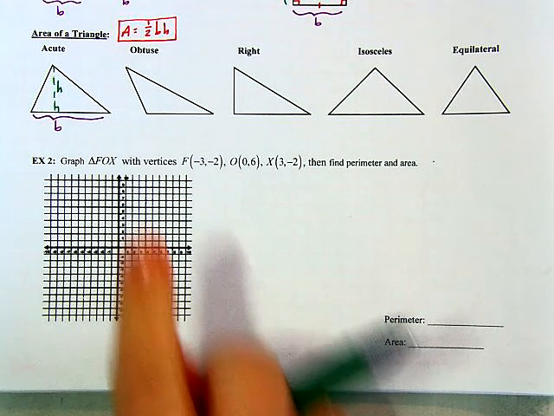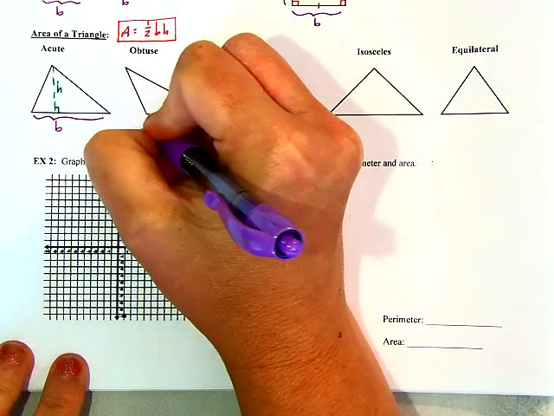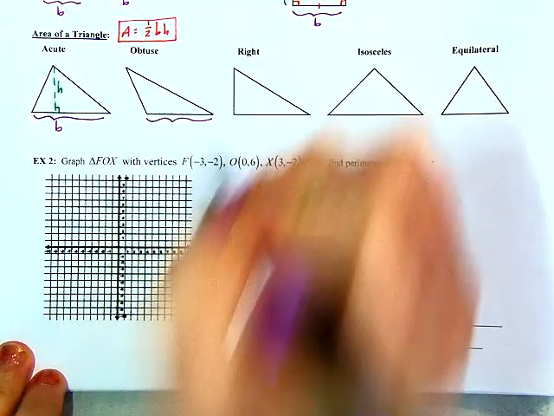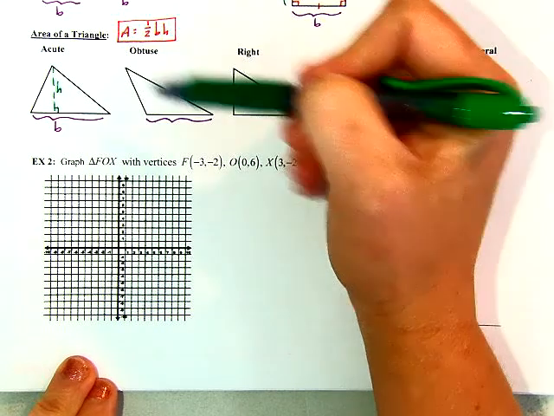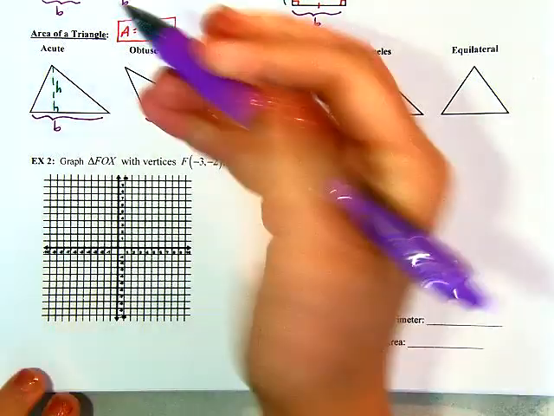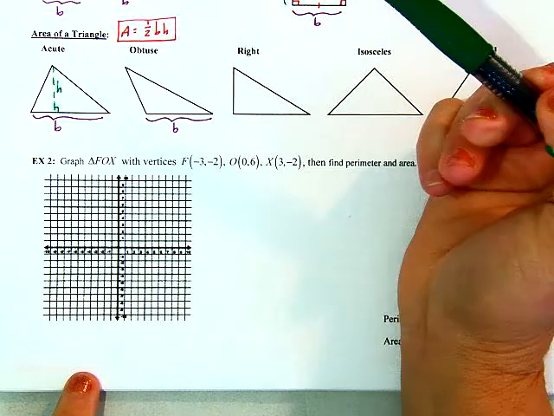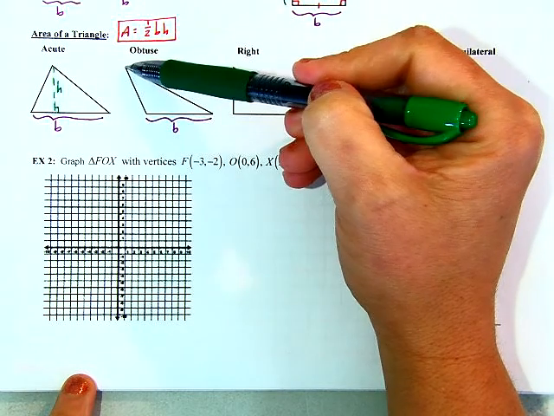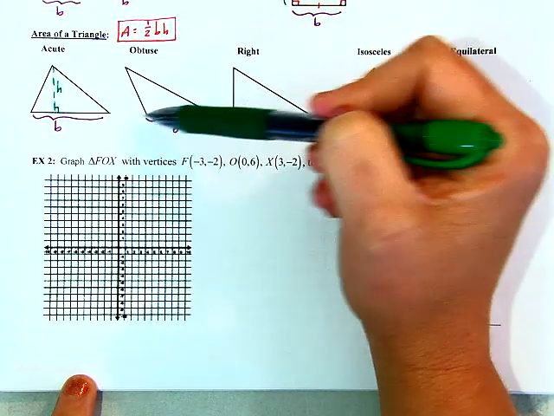Okay, in an obtuse triangle, let's say that I make this my base. In an obtuse triangle, you have one angle that is more than 90 degrees. So here's the vertex. If I'm calling this my base, let me make sure I write B next to that. I'm looking for the perpendicular segment that would connect the vertex to the base, but the way I've drawn this obtuse triangle, that's a little tricky.